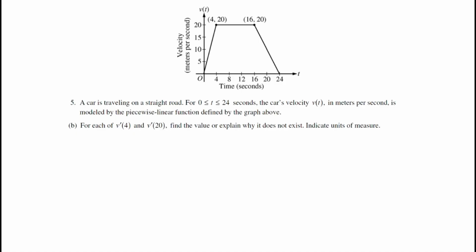In part B here, it says for v prime of 4 and v prime of 20, find the value or explain why it doesn't exist. And so v prime of 20 is a quick, easy one. V prime of 20 is just the slope of the velocity function at 20.